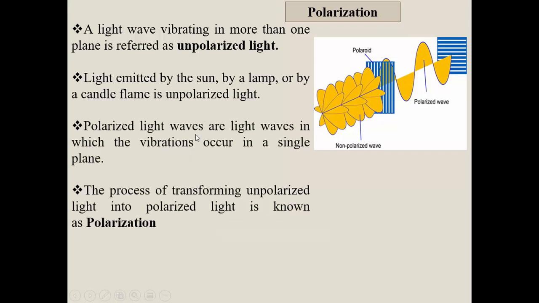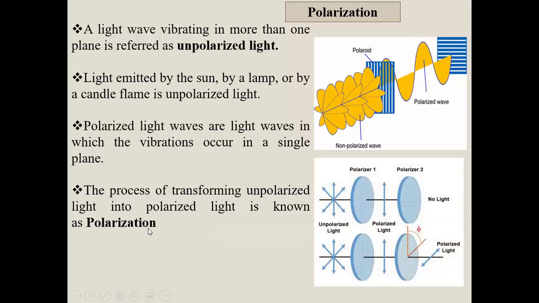The polarized waves are light waves in which vibrations occur in a single plane, and the process of transforming unpolarized light into polarized light is called polarization. So you can see, if an unpolarized signal is fed on the polarizer, then of course we get the polarized light, and say this is the second polarizer.